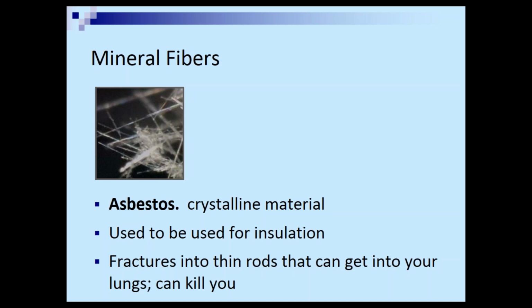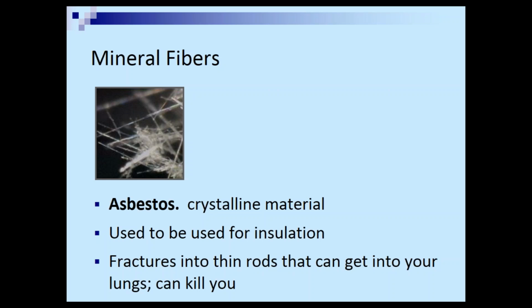For large particles like golf balls, well, you can't really breathe in a golf ball. You can choke on it, but you can't breathe in it. So golf balls aren't going to get in our lungs. They're too big. But if you have something in between dust and a golf ball, like these mineral fibers, it's not just the size, but the shape. They're small enough that they can be breathed in.